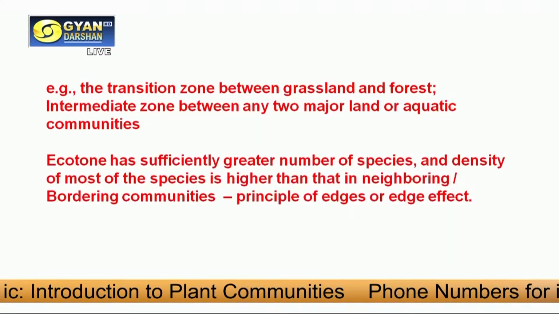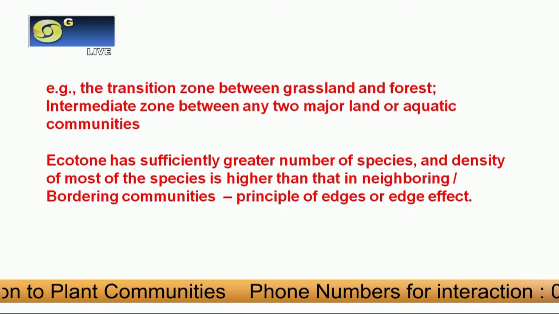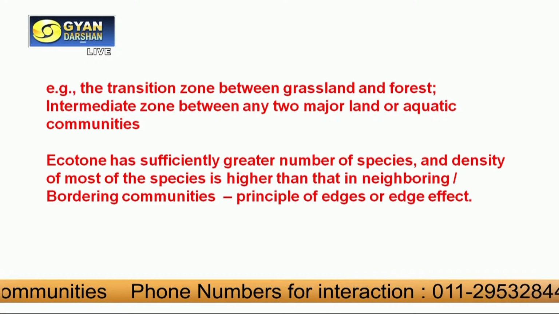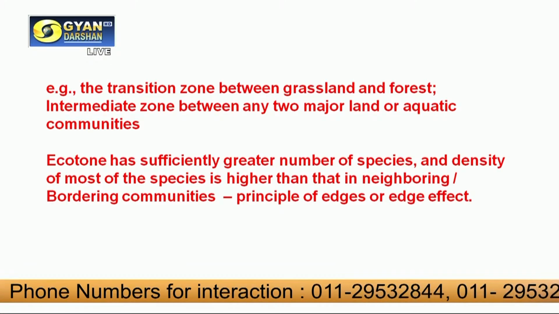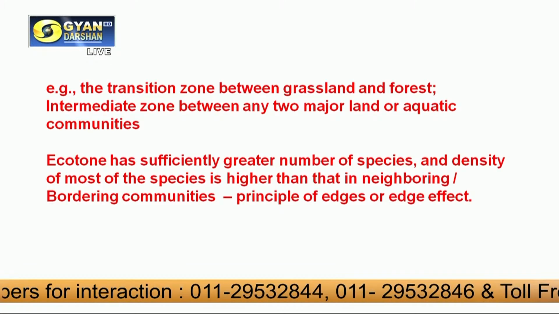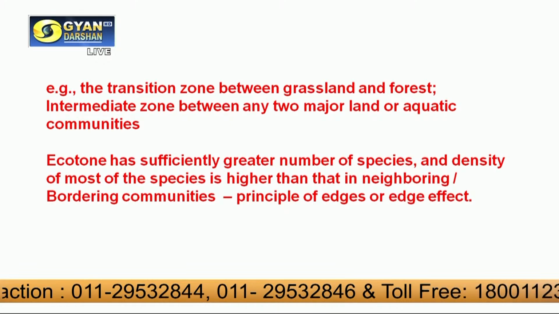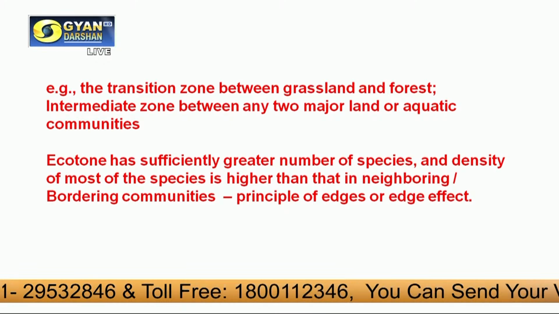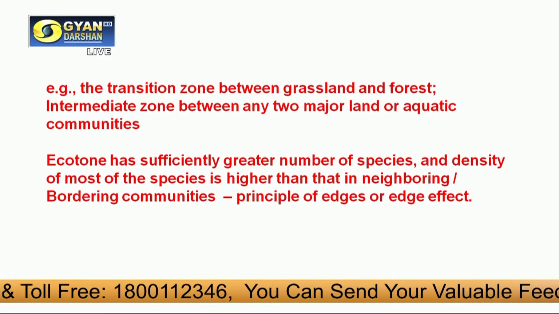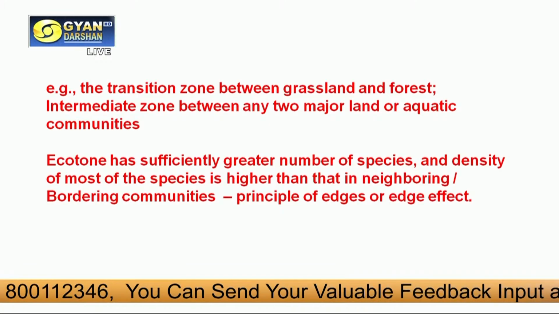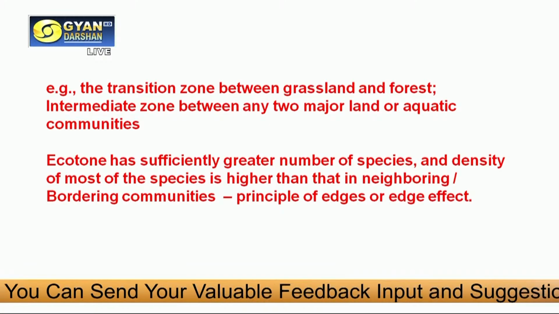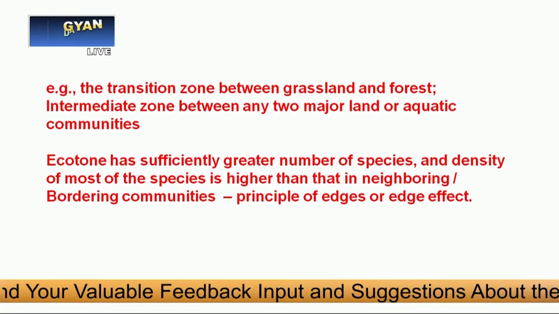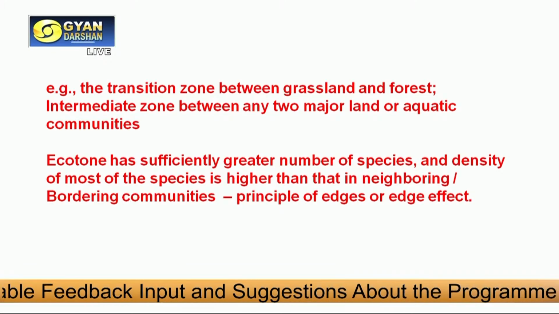The transition zone, for example, between grassland and forest. The intermediate zone between any two major land or aquatic communities. Ecotone has a sufficiently greater number of species, and density of most of the species is higher than that in neighboring or bordering community. And we call it principle of edges, or edge effect.